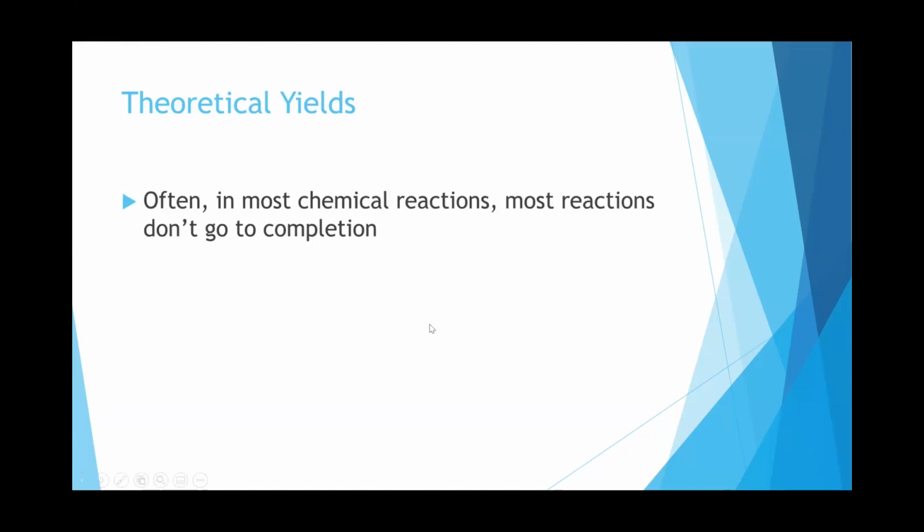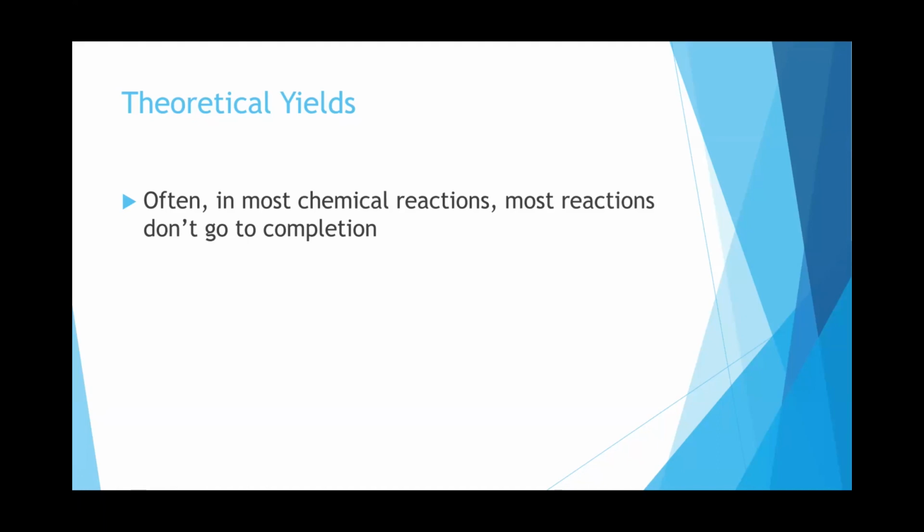I want to first talk about theoretical yields and what a theoretical yield is, and then we can understand what a percent yield is. Often in the real world, most chemical reactions don't go to completion.